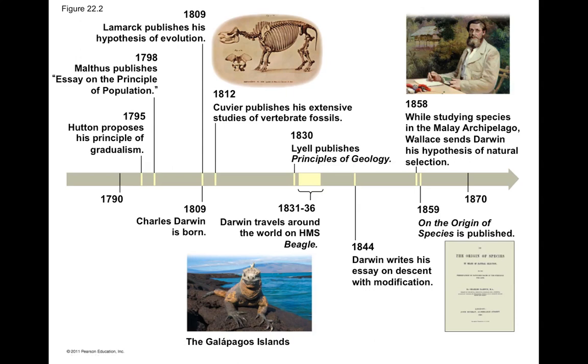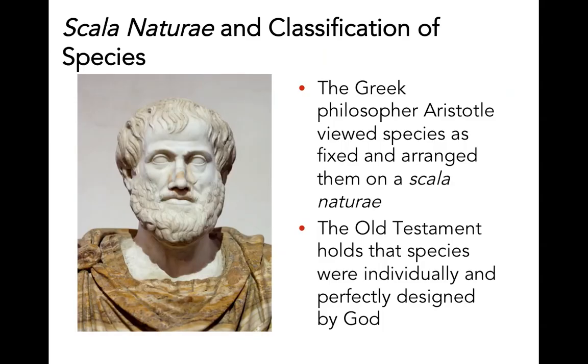But we can go back into the ancient past, at least from a historical standpoint, and think about how diversity has been viewed throughout history. So Aristotle was one of the first people to write something down. He was a famous philosopher.